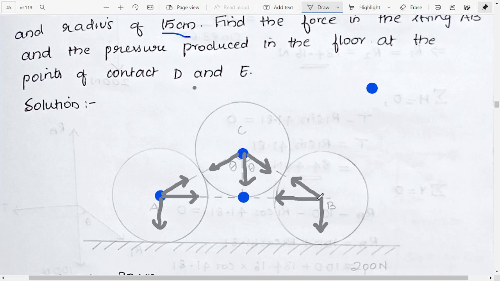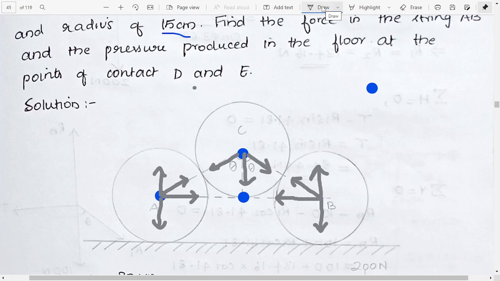In the case of B also, there will be a reactive force and a downward force, which is the weight, and also a reactive force from the ground. So this is the number of forces acting on each.